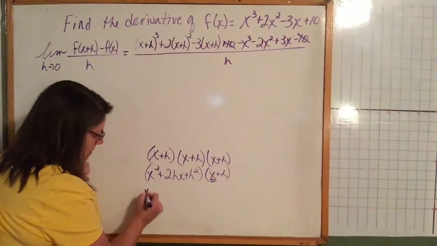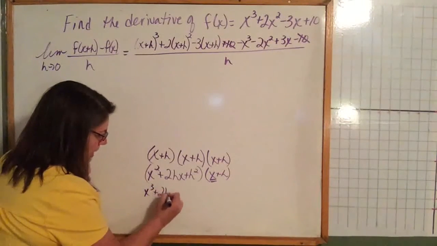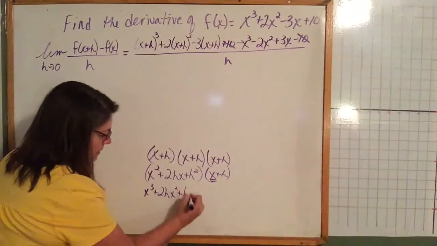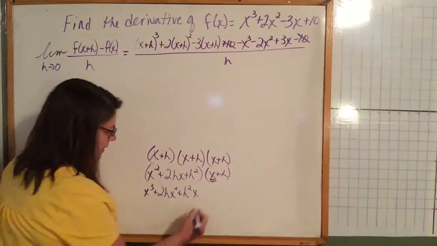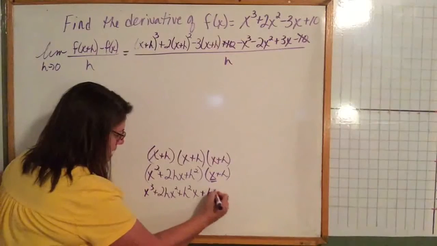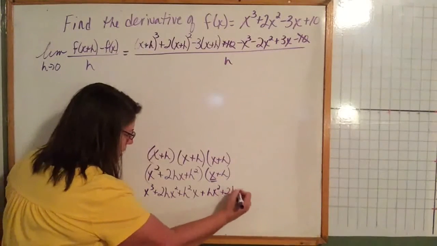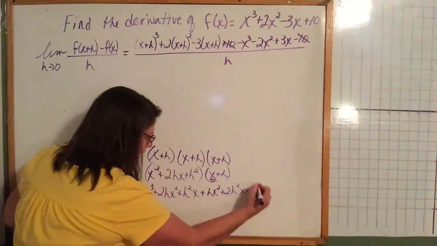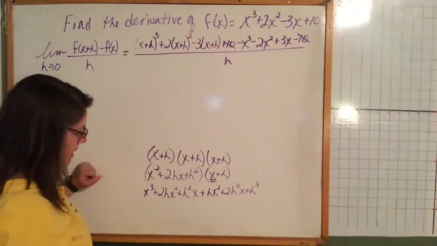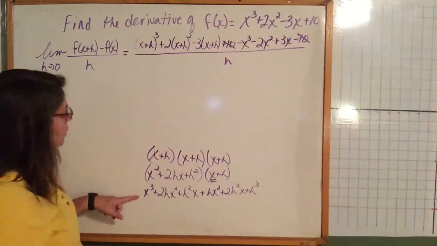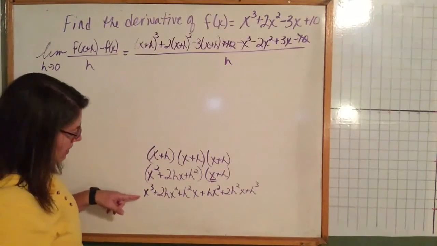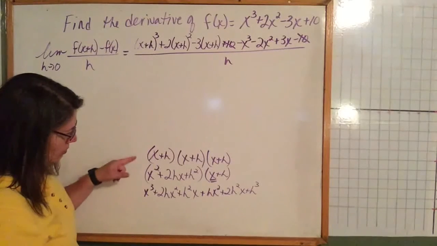So I would have x cubed plus 2hx squared plus h squared x. For the h, plus hx squared plus 2h squared x plus h cubed. And then I'm going to add my like terms, and that would be the final answer for this cubed function.